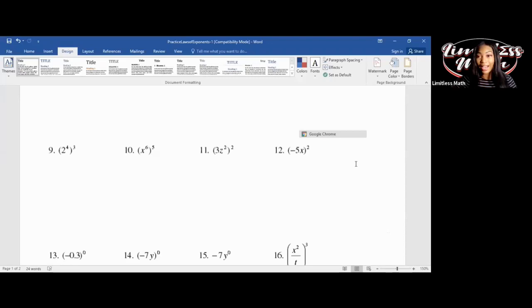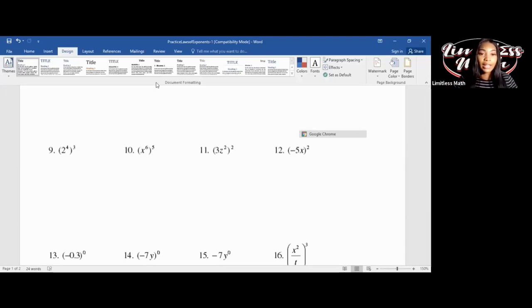So in example 9, we can clearly see we have multiple exponents because we have 2 to the 4th that's also being raised to the 3rd power. So that is my signal that I need to use the power of a power rule. Whenever I see that, the first thing I want to do is make sure every exponent is labeled. Even if my teacher tells me not to, I like to make sure it's labeled so that I don't leave anything out.